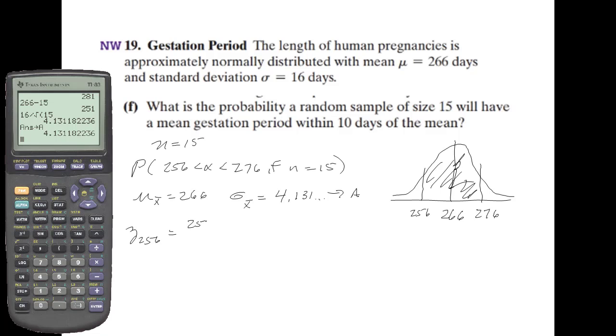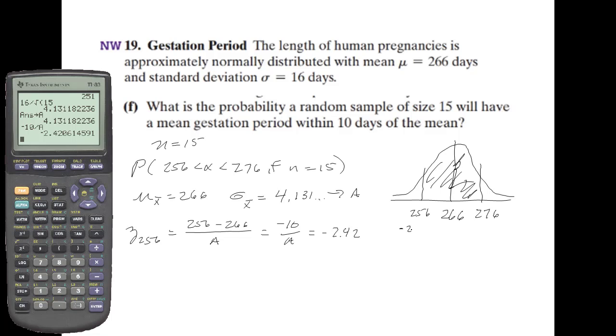All right, now I want to find Z of 256. So that's 256 minus 266 all over A, which is negative 10 over A. So negative 10 divided by alpha A gives me negative 2.42. That's good.